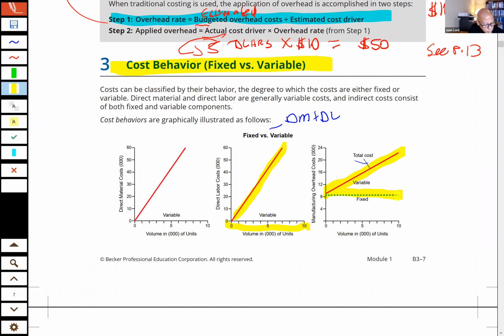Now, even though I'm saying direct material and direct labor tend to be variable costs, it's important to note that non-manufacturing costs can also be variable versus fixed. For example, sales commission is a selling and administrative cost, but it's variable because we pay commission as we sell something, right?